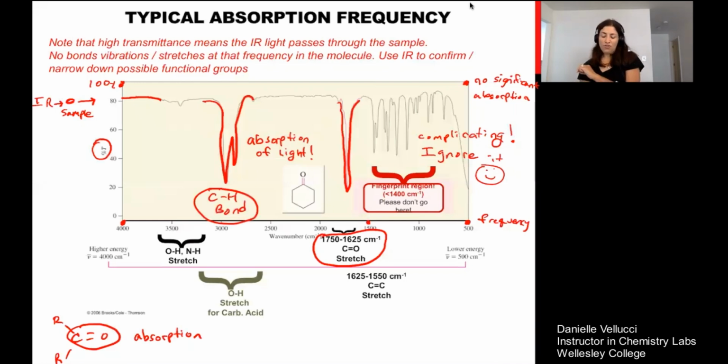The other really diagnostic signals that we're going to be looking for are in this region of about 3200 to 3400, okay? That's where we tend to see the stretching of OH bonds and NH bonds, okay? And those become very important signals because a presence of a large signal there will usually help you to confirm alcohols, amines, and carboxylic acids.